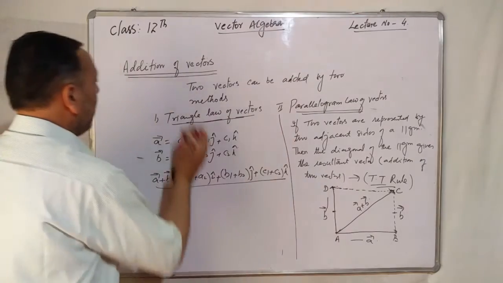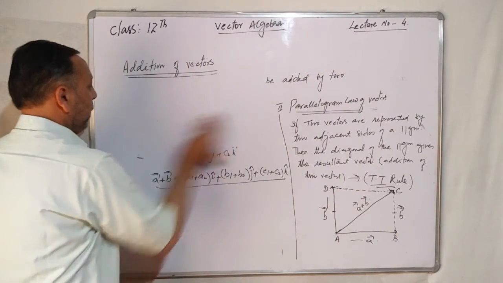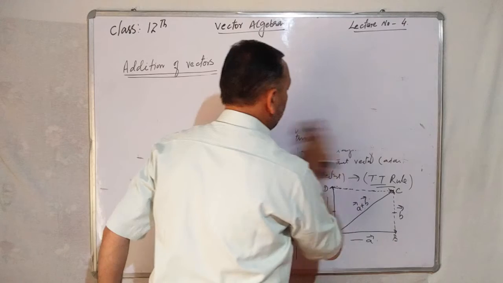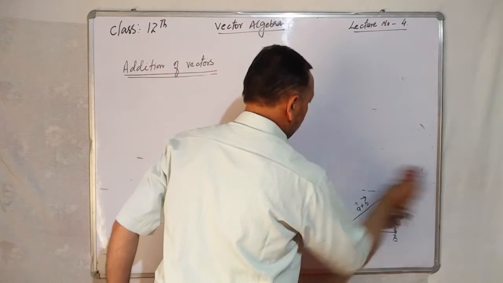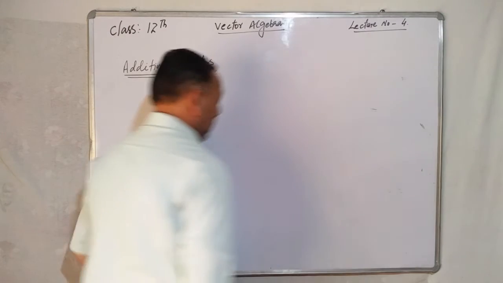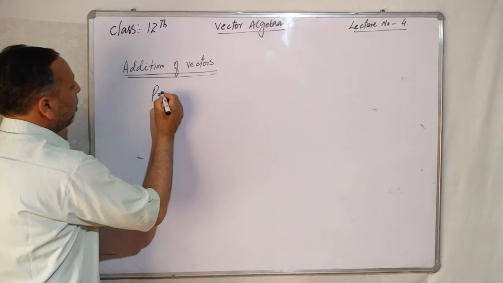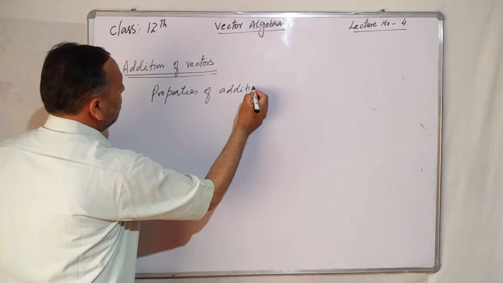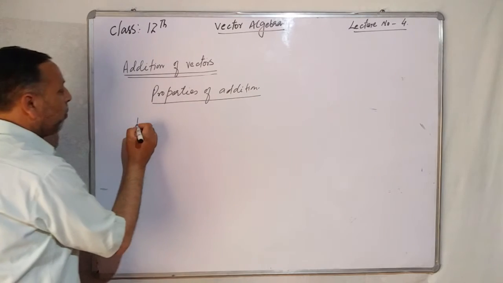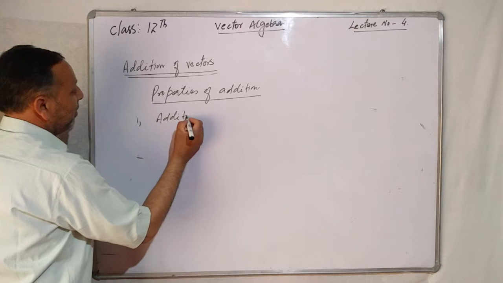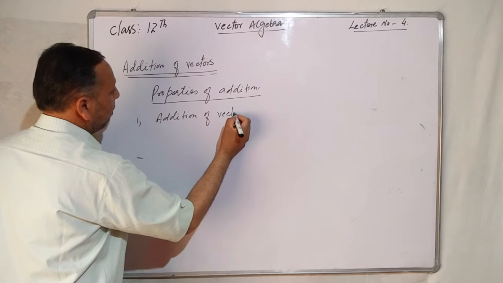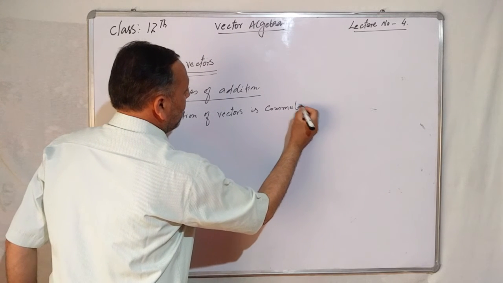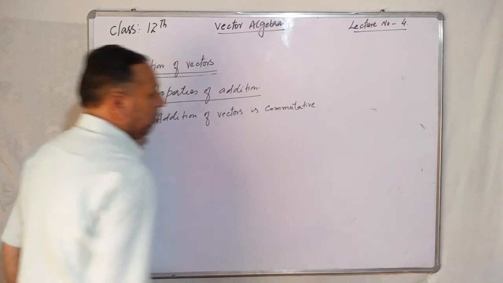Now, properties of addition of vectors. Number one property, addition of vectors is commutative.